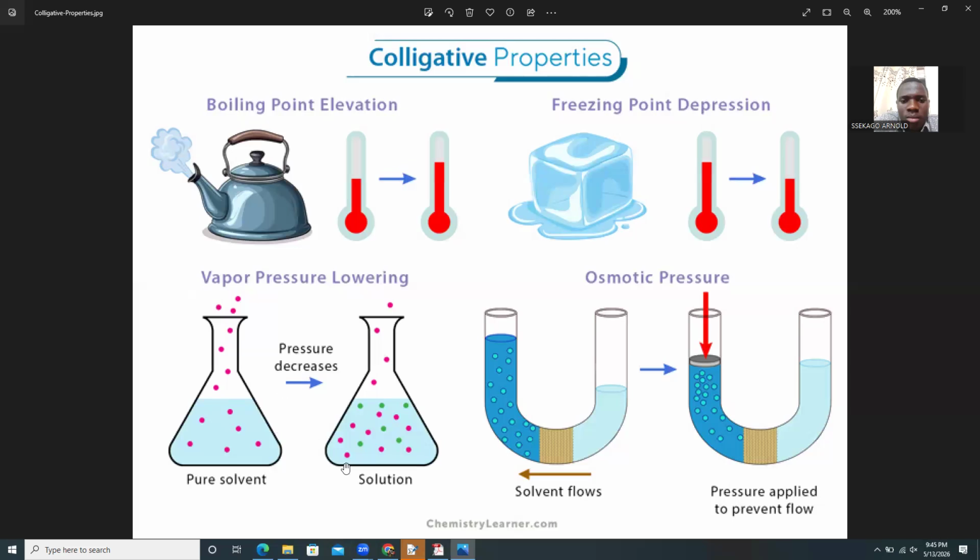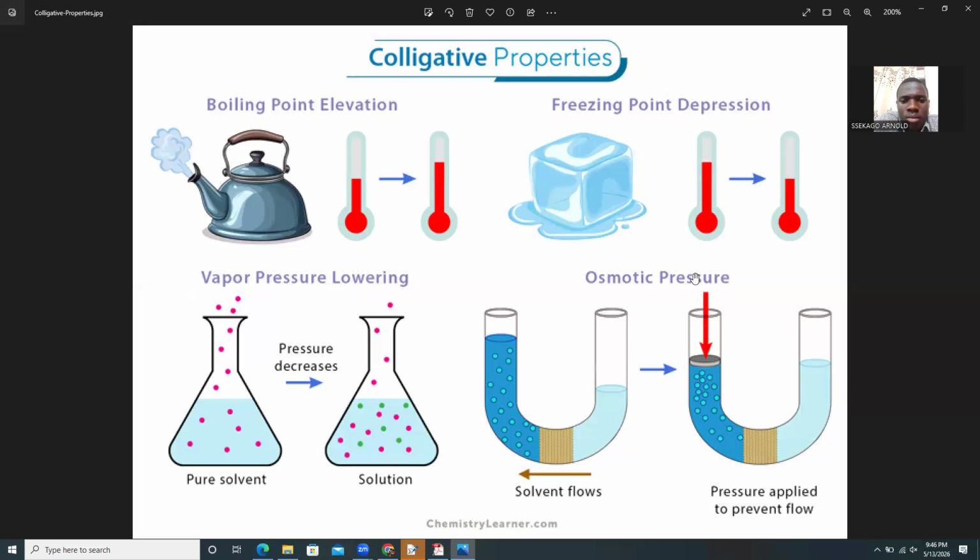However, if you add a solute to that solvent, like here now, are you seeing those dots in green? You lower the escaping tendency of solvent molecules. Why? These particles which you have added to the solvent occupy the surface of the liquid, reducing that escaping tendency, thereby lowering vapor pressure.